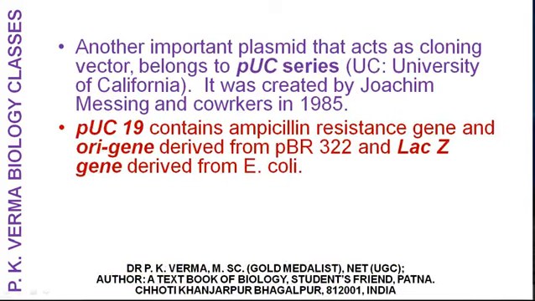It was created by Joachim Messing and co-workers in 1985. pUC19 contains the ampicillin resistance gene and origin derived from pBR322, but it also contains the lac operon's Z-cistron derived from E. coli.